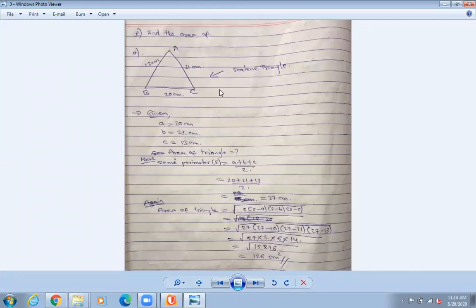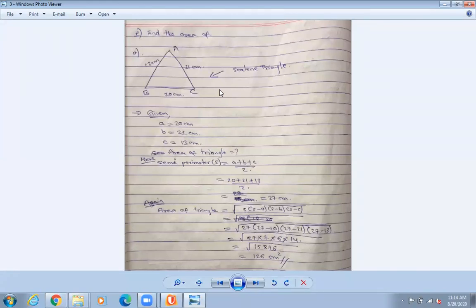So first of all, whenever you start, you need to identify which type of triangle it is. Two sides are equal, 3 sides are equal, or none of the sides are equal, or there is a 90 degree, or there is an angle. So when you see this first figure, there is no angle, there is no 90 degree.